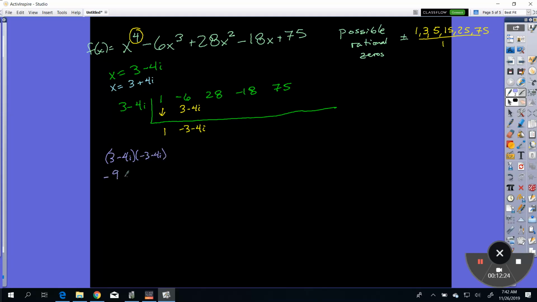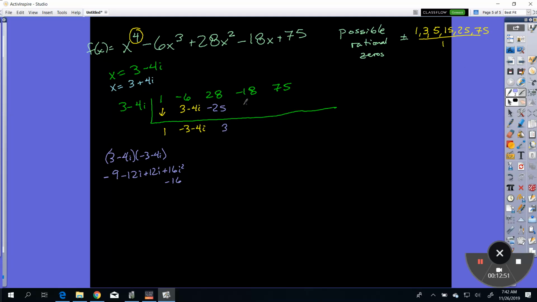With the middle terms, negative 12i plus 12i, they're going to go away. And I'm going to have plus 16i squared. So negative 9 and negative 16 make negative 25, which just leaves us with 3. And because they told us it's a 0, we know that we better get a 0 at the end or else our math in between was wrong.